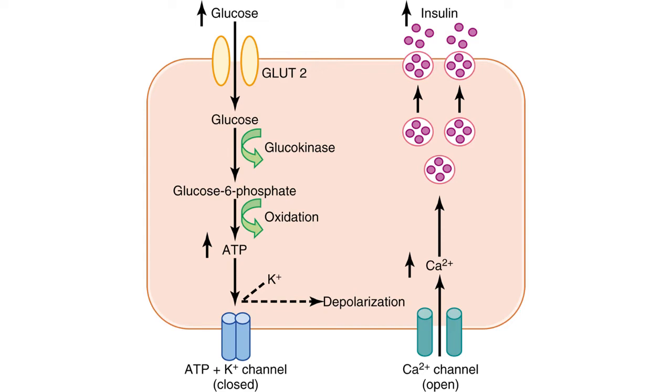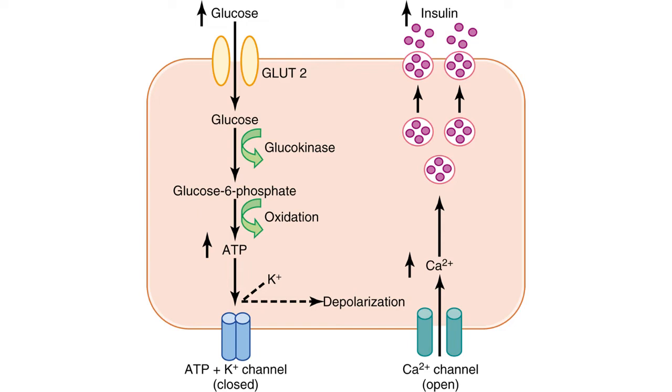Once the pancreatic beta cell has already created lots of ATP, that will then close the potassium channel, which in this instance, causes potassium to stay inside the cell.